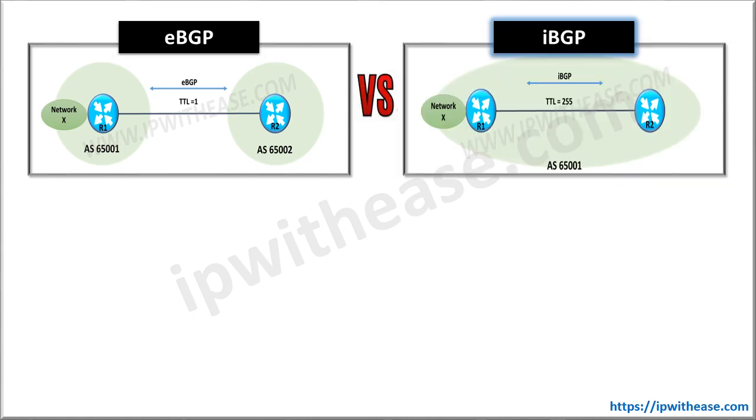However, when we look at the second diagram, in case of IBGP, there is 255 as the TTL value and no customized configuration is required wherein eBGP multi-hop needs to be increased, because by default the loopbacks of R1 and R2 can form IBGP neighborship without changing the multi-hop parameters.